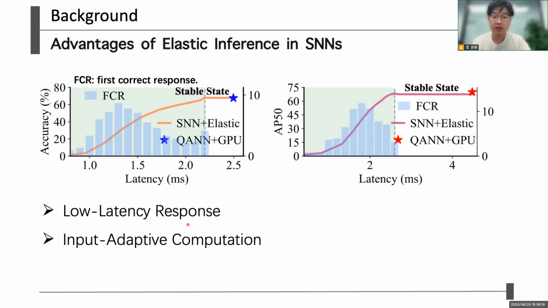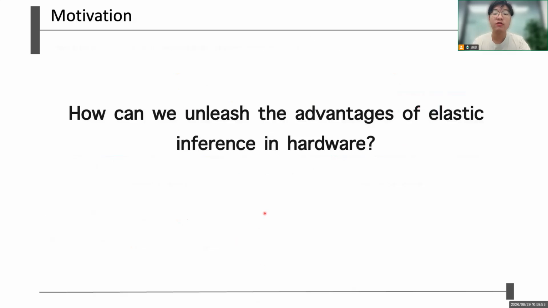With elastic inference, some salient samples are correctly classified or detected before the entire inference finishes, as shown by the blue bar in these two figures, enabling faster responses and improved adaptive computation. Therefore, elastic inference is well suited for real-time applications, such as autonomous driving, compared to previous SNN accelerators.